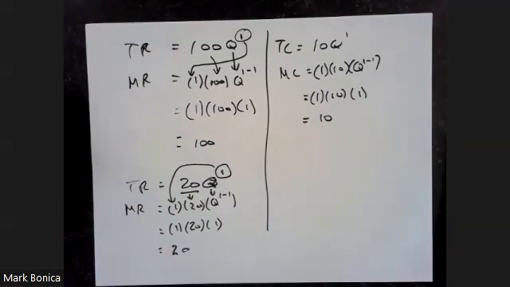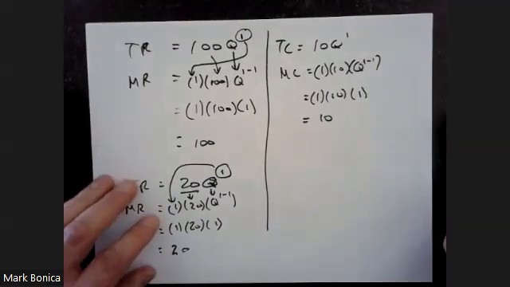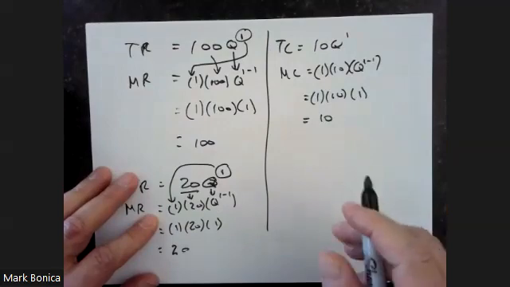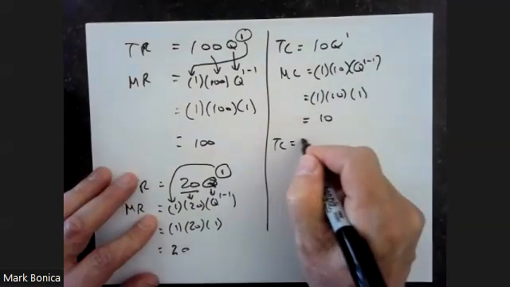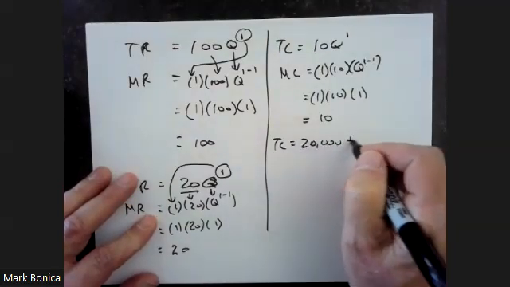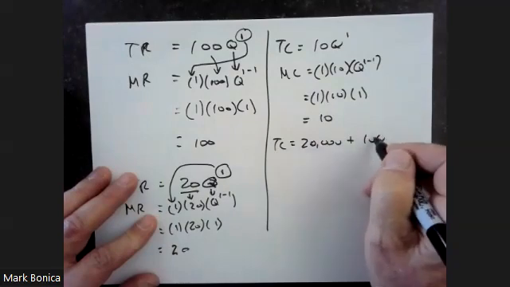All right. But what if the total cost function was 20,000 plus 10Q?